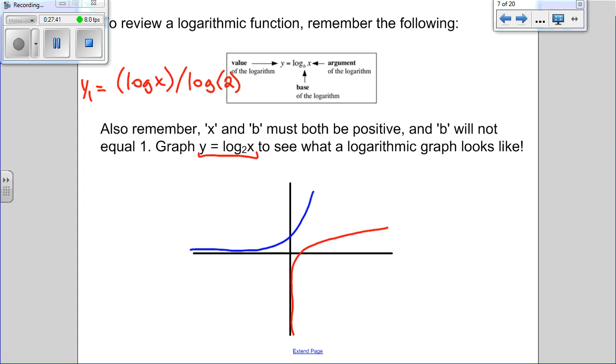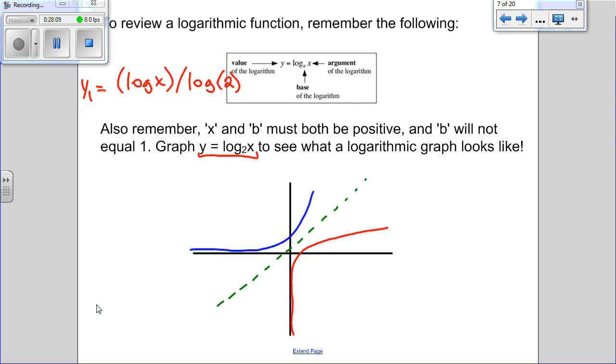These things are called inverses of each other. You need to know nothing about inverses in this class. But what an inverse means is that it's reflected. And this is reflected on an axis. That's a perfect diagonal. So these graphs are literally just flipped mirror images of each other. You need to know nothing about them. It's just kind of a cool image for you to be able to see that they're actually opposites of each other.